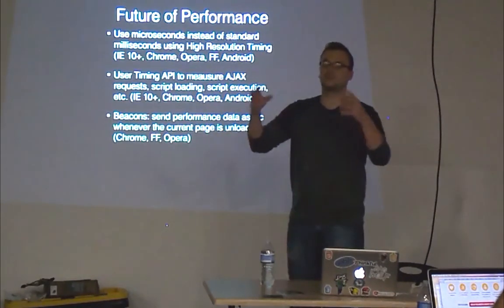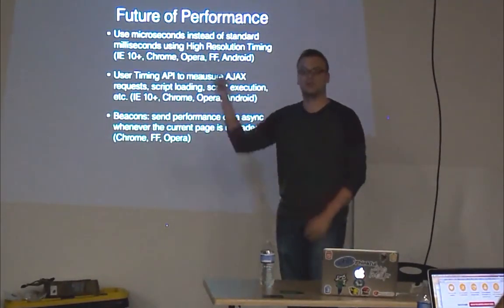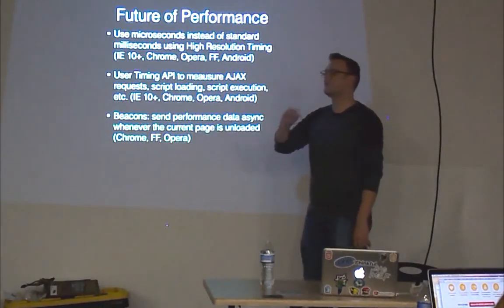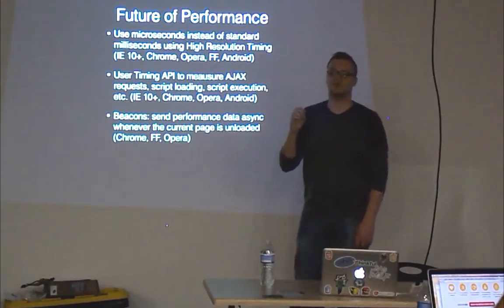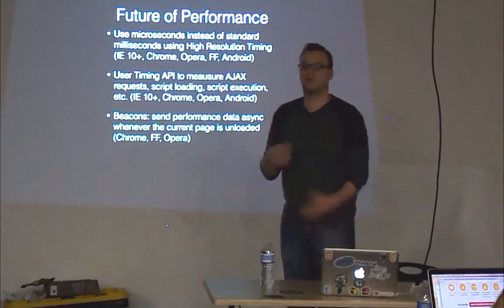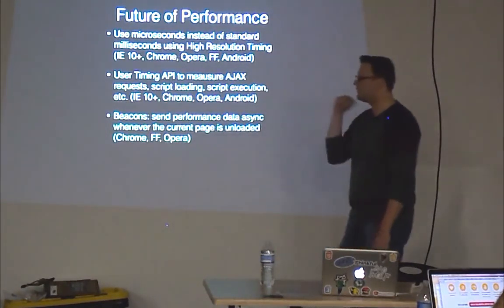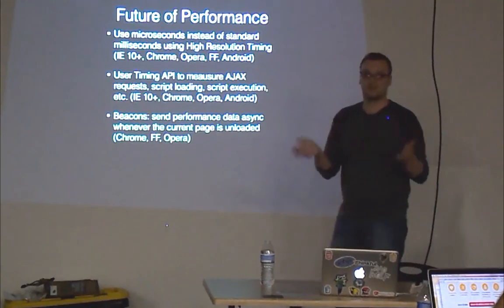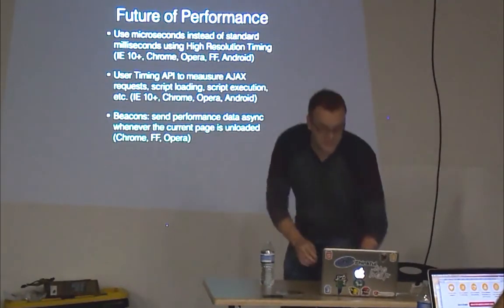Because usually what we have to do is load that script. So everything now, Google Analytics and everything else, requires you to load that script in the head or at the end of the body. Well, that takes time. So using the beacon, we can not take any of the user's time and send it asynchronously.